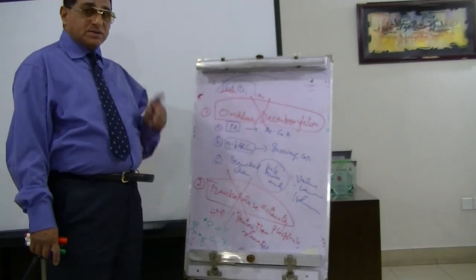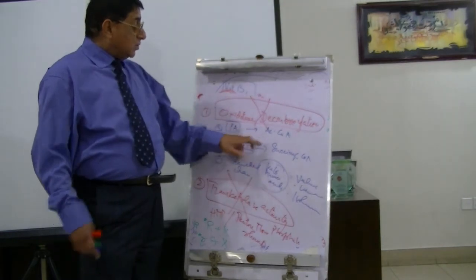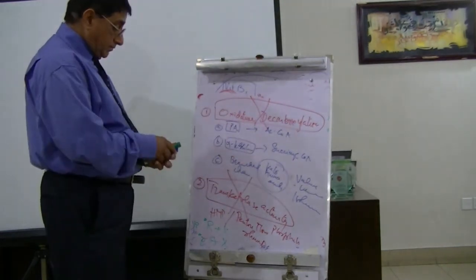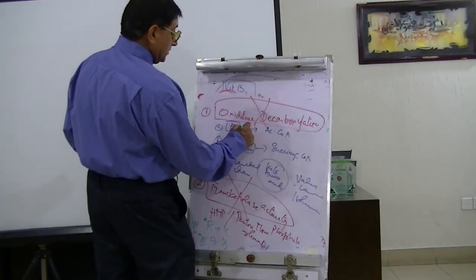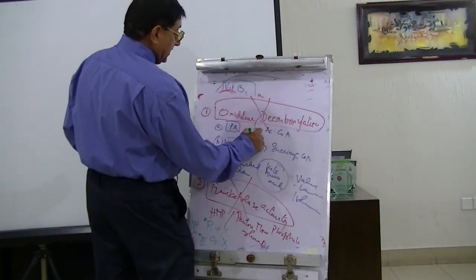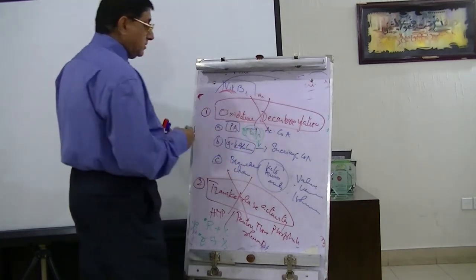So 4 vitamins plus 1 lipoic acid in the conversion of pyruvic acid to acetyl-CoA, and also alpha-ketoglutarate to succinyl-CoA. So you've got T, L, A, F, N, both ways.